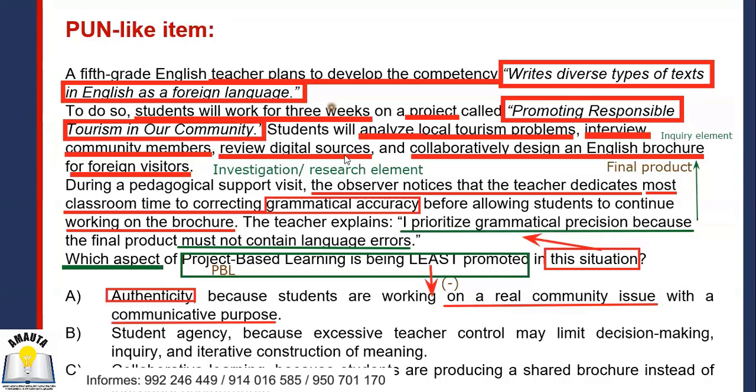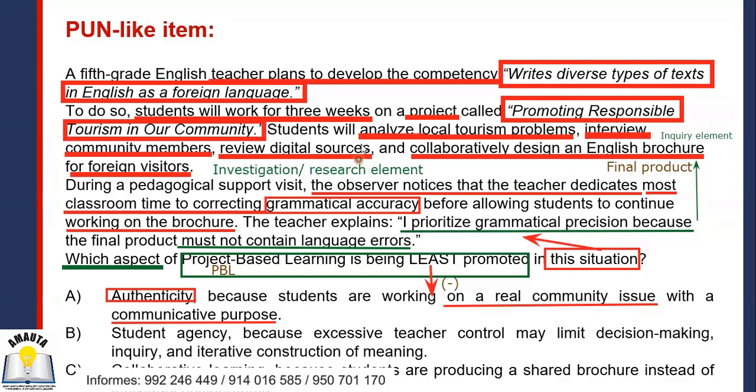Okay. Here in the project, they will first analyze the local tourism problems. They will interview the members in the community. They will research in different digital sources.